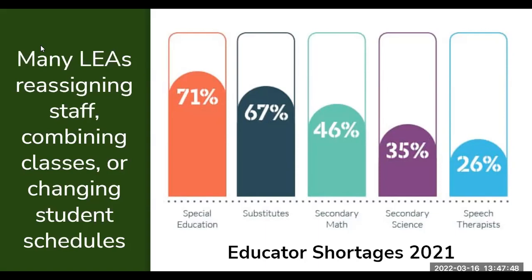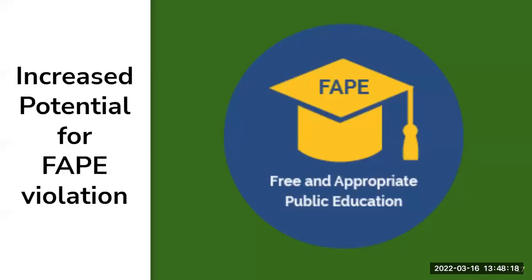And we also know that OTs and PTs, we've had real struggles with those folks as well. We also know that right now, last year and this year, many of you have found yourself in the position where you are reassigning staff. Some folks have had to combine classes or have had to change student schedules because of staffing shortages. And we know that will likely continue in the near future.